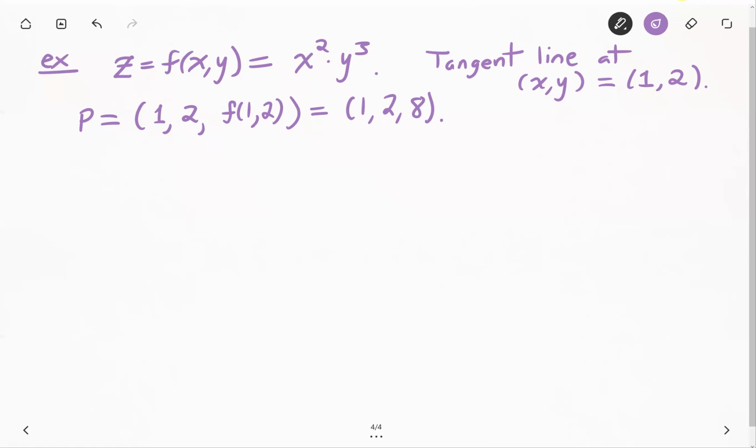So next, let's see. Maybe I'd like to come up with the slope of the line. Right, the slope of the line, remember, that's going to represent our change in x, change in y, and change in z. Think of this as delta x, delta y, delta z. When we calculate slopes in 2 dimensions, we usually think of delta y as the rise and delta x as the run.